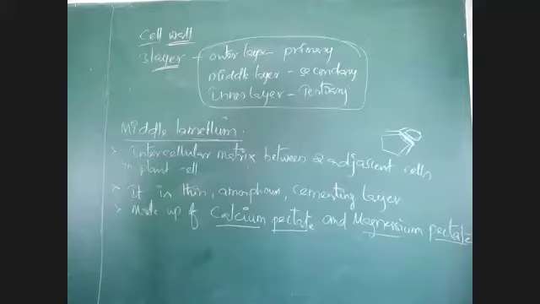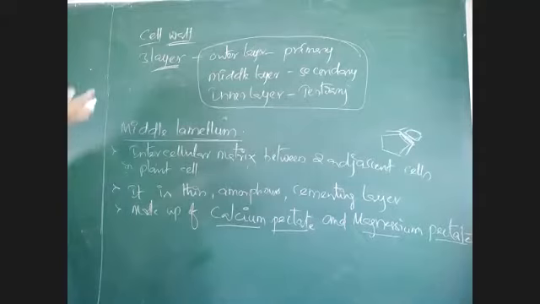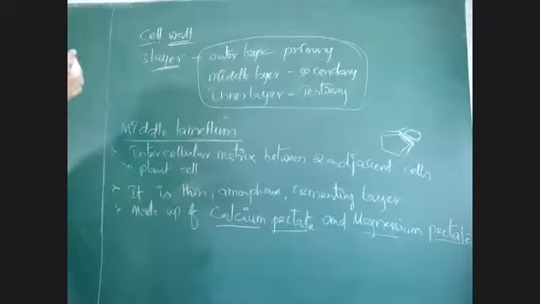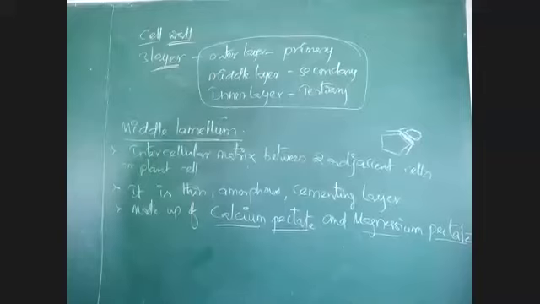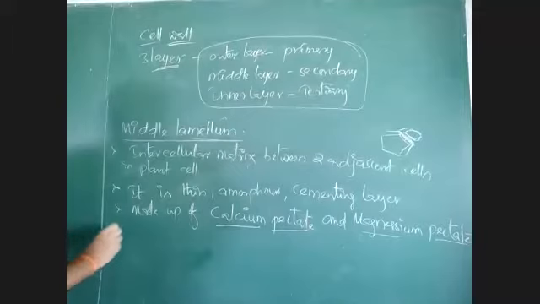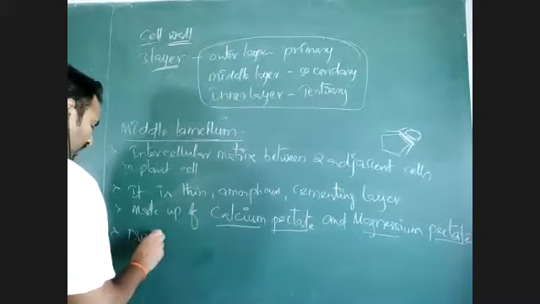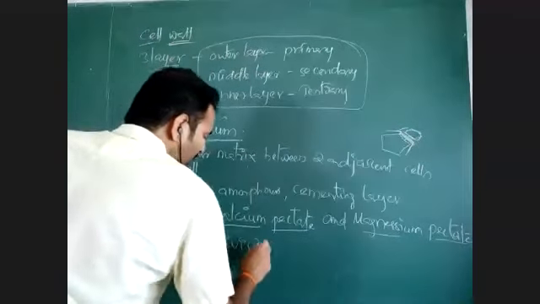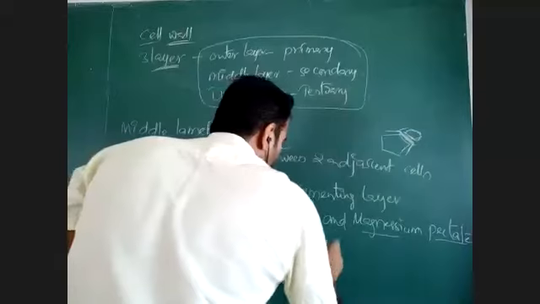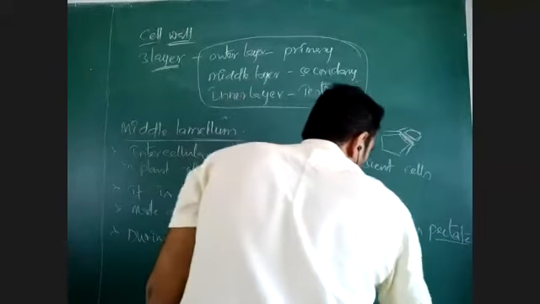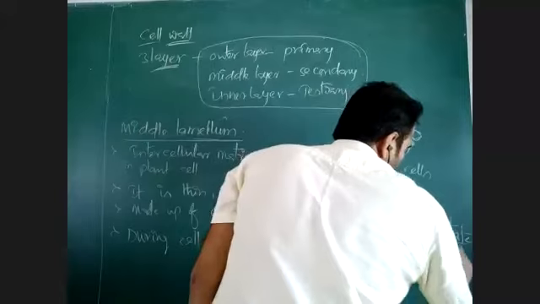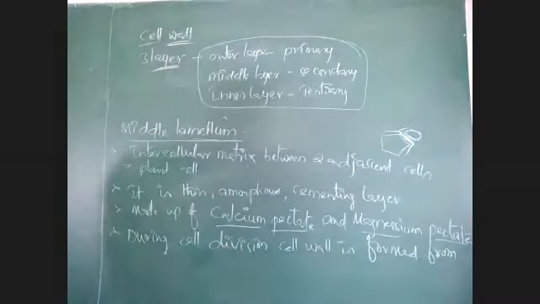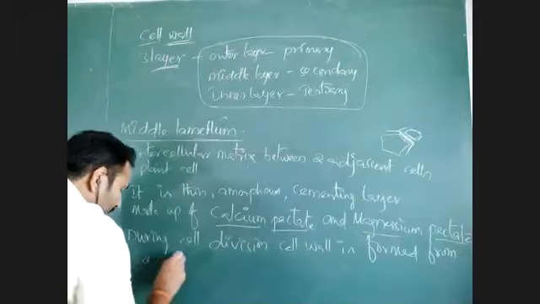That is present between two adjacent cells. So the middle lamellum is made up of calcium pectate or magnesium pectate, and it attaches the two cells. During cell division, the cell wall is formed from a structure called the cell plate.